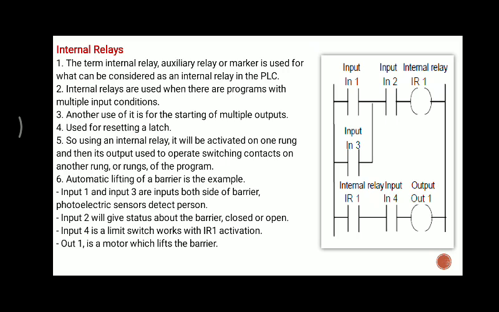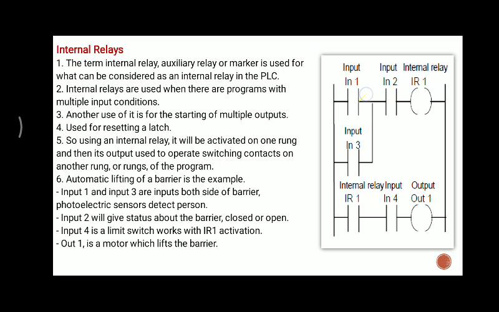Input 1 is, suppose, the left side of the barrier, and input 3 is the right side of the barrier. So suppose a person is detected towards the left side, this input 1 will act. For input 2, it will check whether that barrier is closed or open.